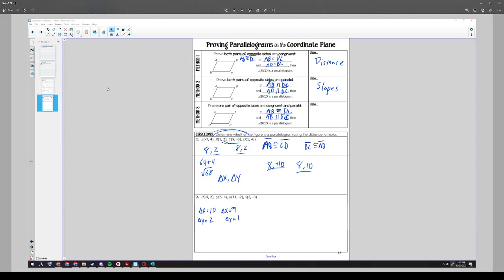Well, those aren't congruent, and if they're not congruent, there's no way that this can be a parallelogram. So I don't even need to continue and check the other sides. As long as one pair of opposite sides, well, okay, hold on. They didn't give us the drawing, so let me just double check. So this is PQ. This was RS.